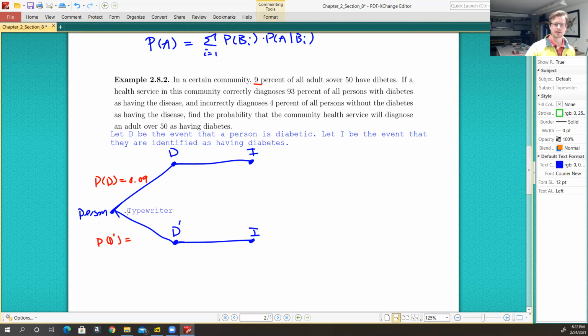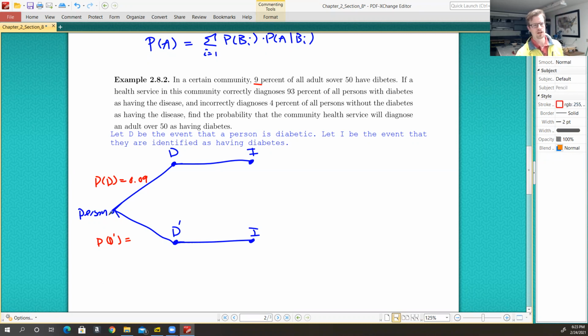Well, this would be the complement rule. Thinking back to our introduction of probability, S, the sample space, is certain, so it has a probability of occurring of 1.